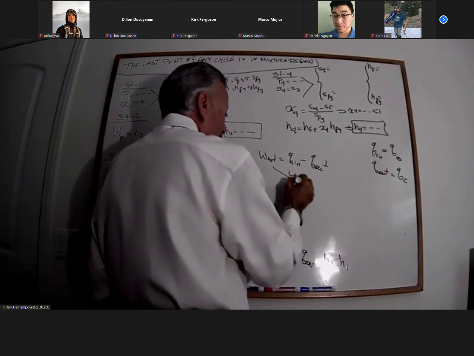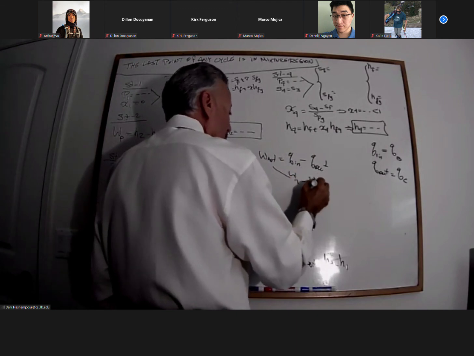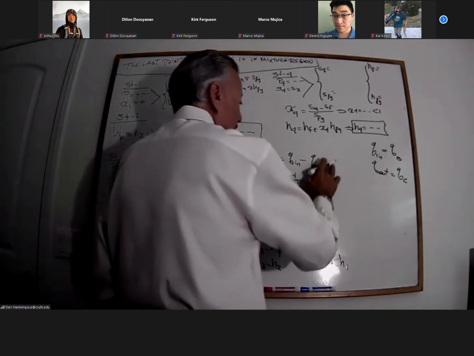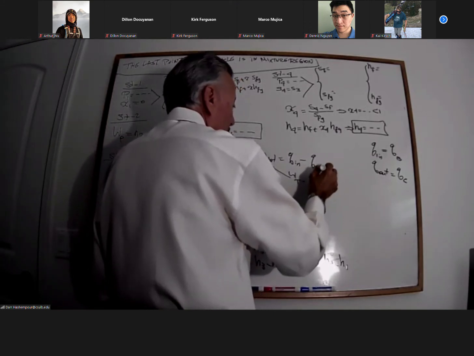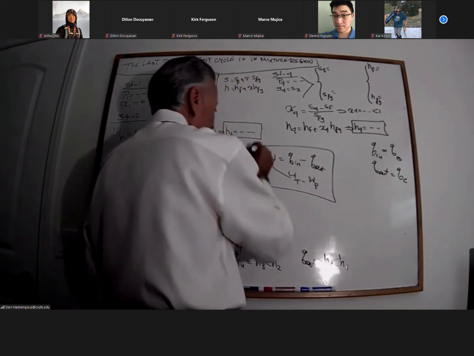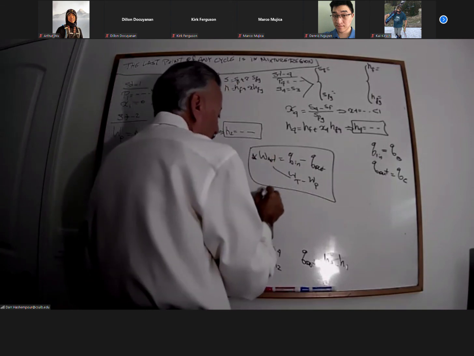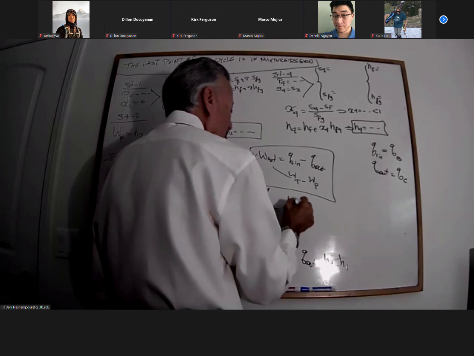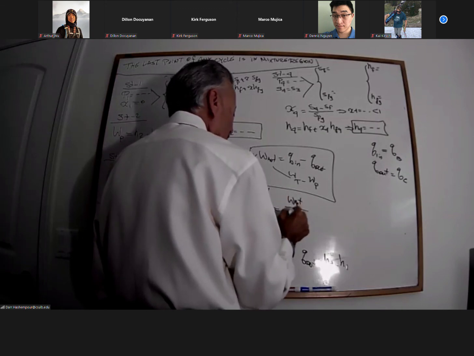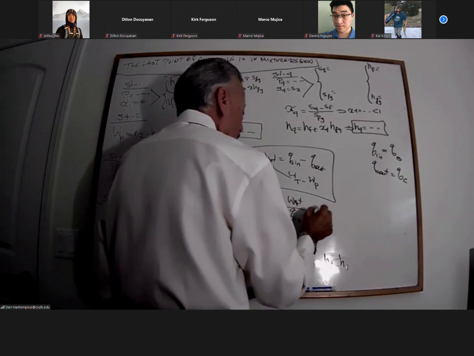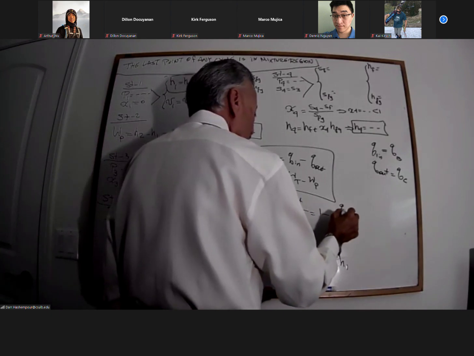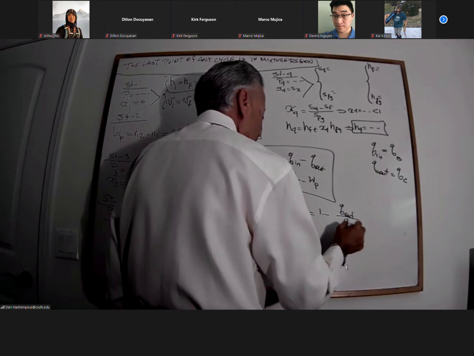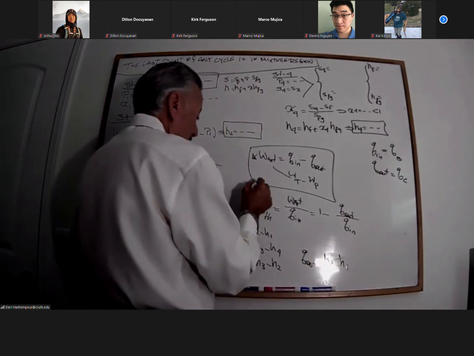Or work of a turbine minus work of a pump in this case. So this concept will never change as far as defining the net work. For thermal efficiency, again, it is the same: net work divided by Q in, or 1 minus Q out over Q in. That will never change either.